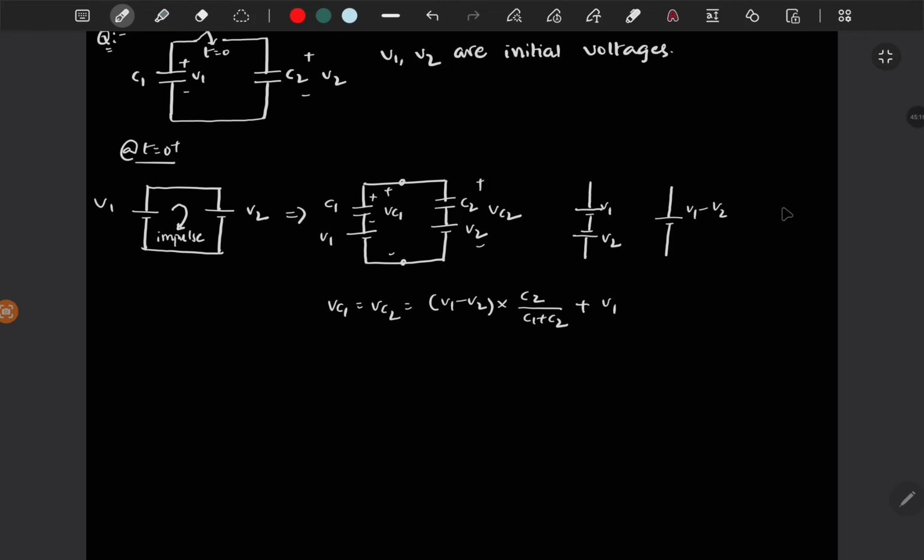So you have V1, and if you want to find the total voltage, then add this V1 to this voltage, right?